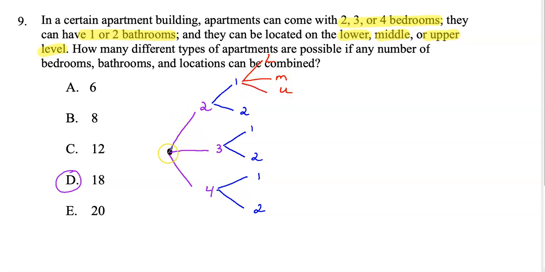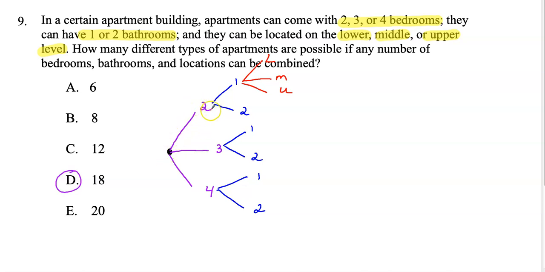In other words, watch how I read this. I can have a 2-bedroom with 1 bathroom on the lower level. Or I could have a 2-bedroom with 1 bathroom on the middle level. And so on. That's how you read it. It's called a tree diagram. I can do the same thing here.